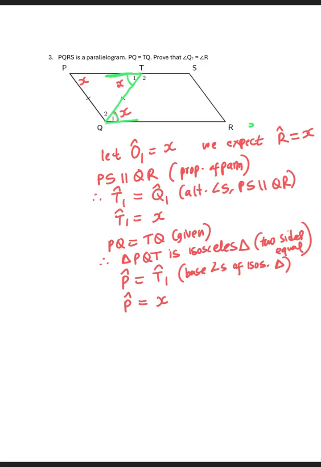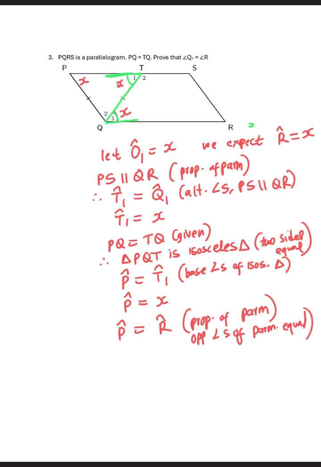But I claim that angle P is equal to angle R. Reason? Properties of a parallelogram. What property are we referring to here? That the opposite angles of a parallelogram are equal.